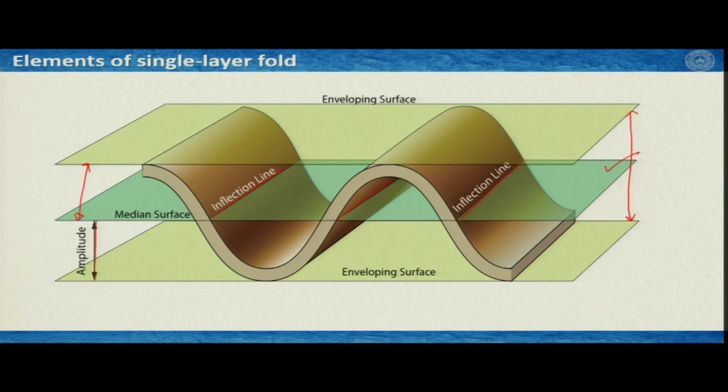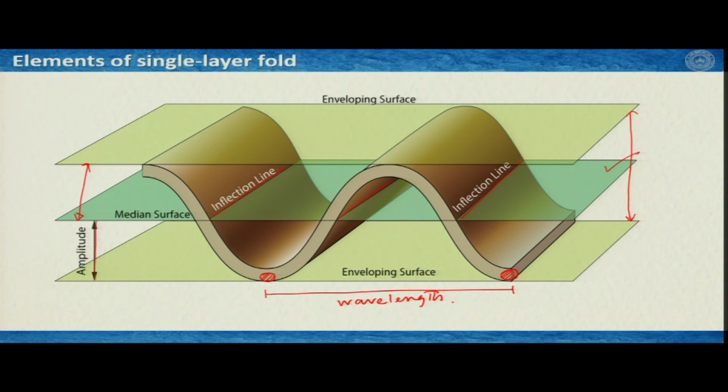The wavelength: if I consider this as the hinge point of this antiform, then this is the next antiform and this is the next hinge point. So, the distance from here to here is wavelength. We have now learnt enveloping surface, median surface, amplitude and wavelength of the fold.